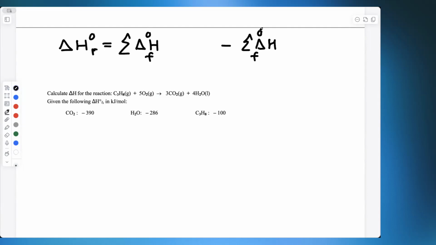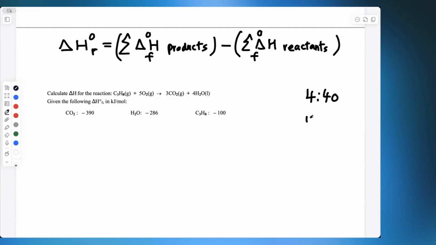Yes, it is the addition of the delta H of formation of all the products minus the delta H of formation of the reactants. So add all the products together and subtract all the reactants, if there is more than one for sure. Please find the correct number of significant figures also, and the correct unit. And the answer should be in 2 minutes, either in chat or WhatsApp, please.